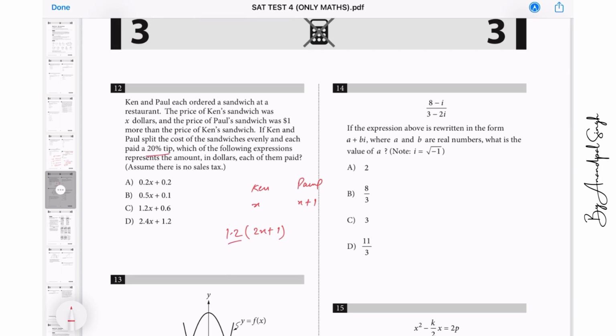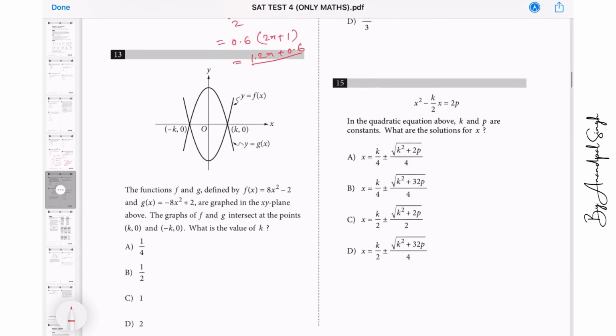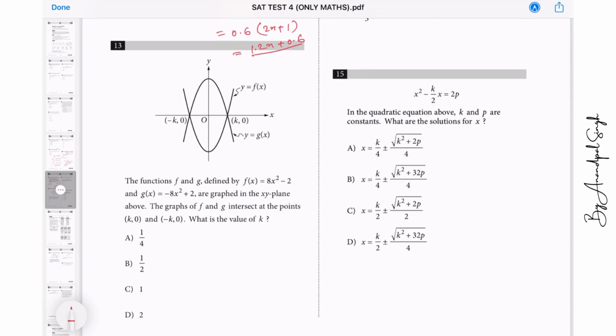Then divide this by 2 because we have to find the cost of each. So 0.6 times (2x plus 1) accounts to 1.2x plus 0.6. So 1.2x plus 0.6 is option number C.